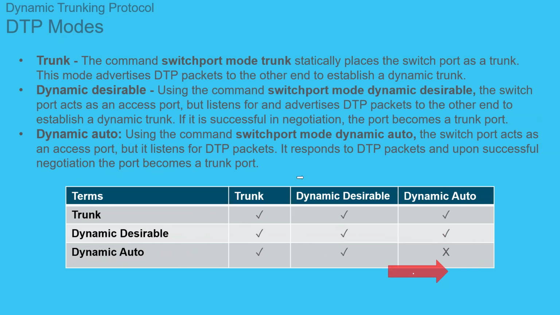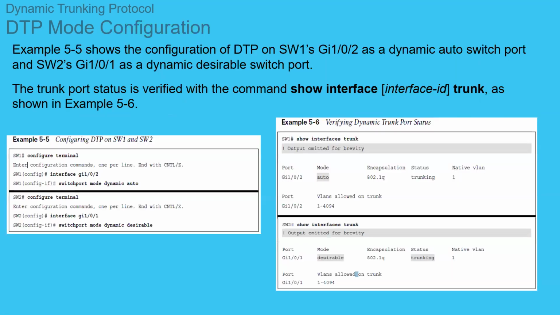Otherwise, in all the use cases, the receiving and sending switches, if they have dynamic desirable, trunk, or dynamic auto, will become the trunk, except only one use case: if both the switches are running DTP as dynamic auto, then they will not form the trunk. You can see here the configuration.